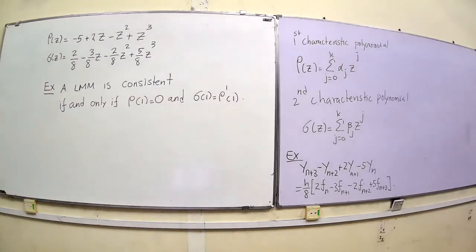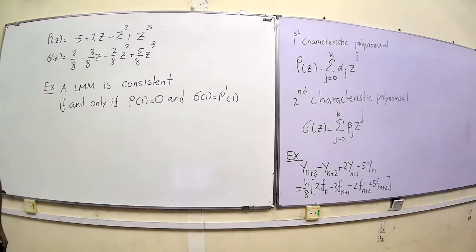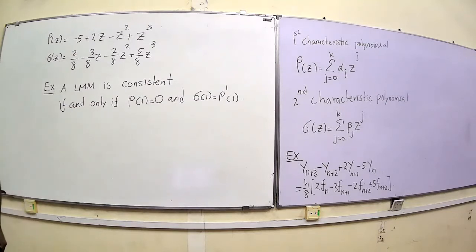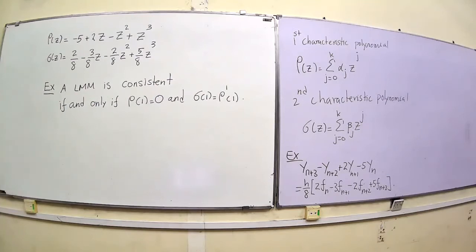The condition is: a linear multi-step method is consistent if and only if the first characteristic polynomial evaluated at 1 is 0, and the second characteristic polynomial evaluated at 1 is the same as the derivative of the first characteristic polynomial evaluated at 1.